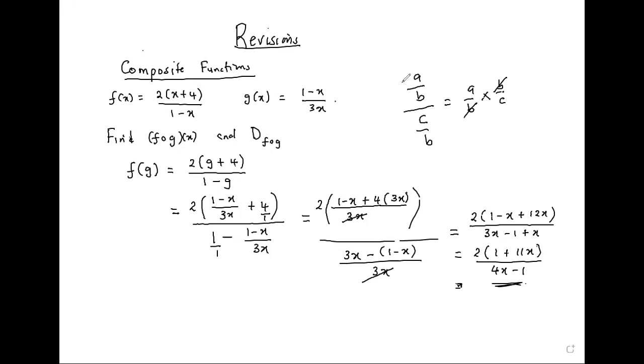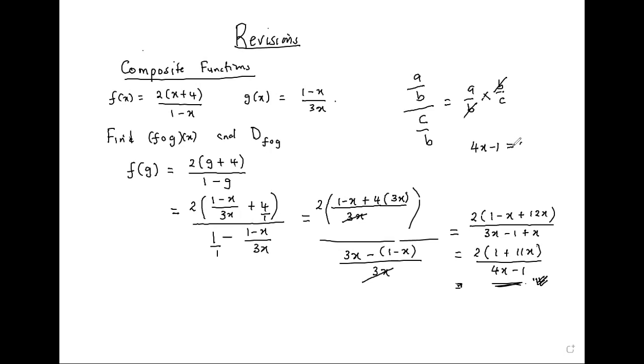The question is, what's the domain for f of g? So to find the domain for f of g, you go to your answer first, the one we have found, and get its denominator, which is 4x minus 1.